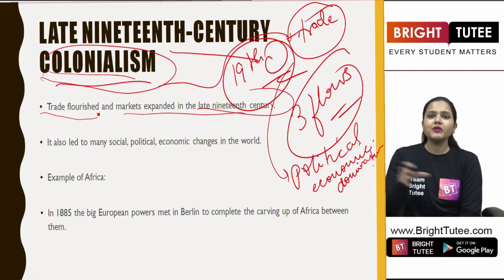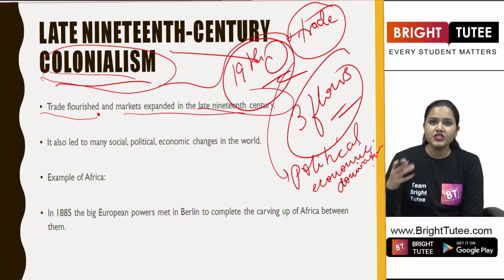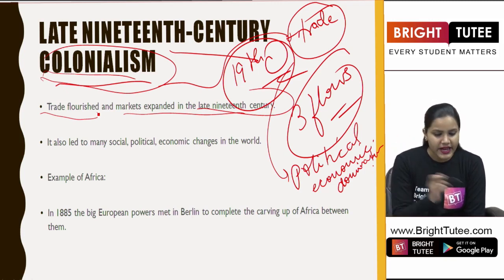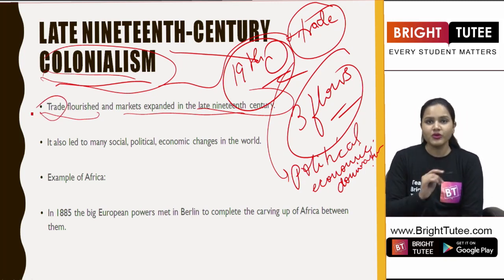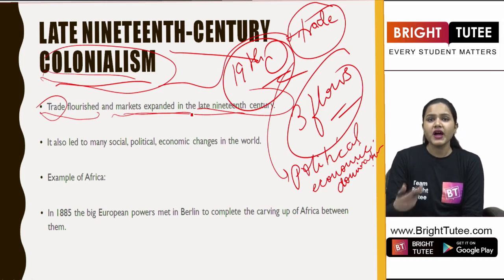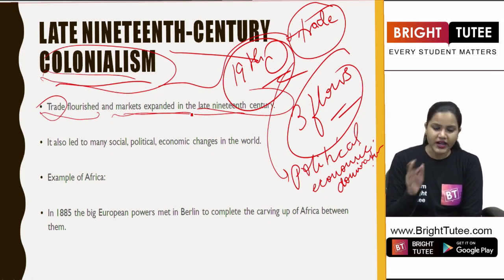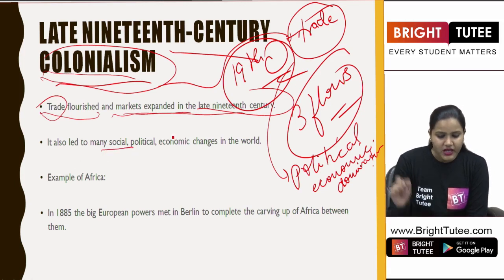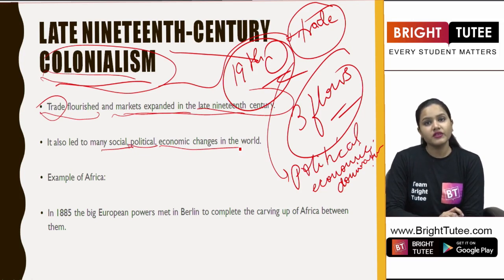Because different European powers were now extending their domination in different regions. And how was it happening, students? It was through trade only, right? Also, markets were expanding in this situation, right? So it also led to many social, political, economic changes in the world.